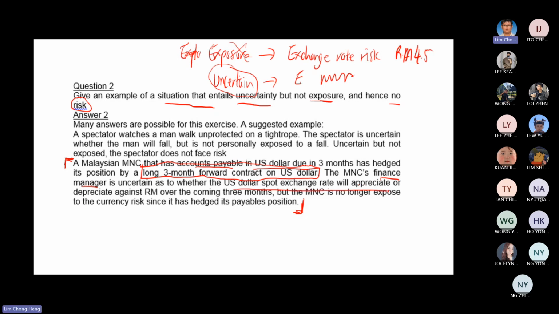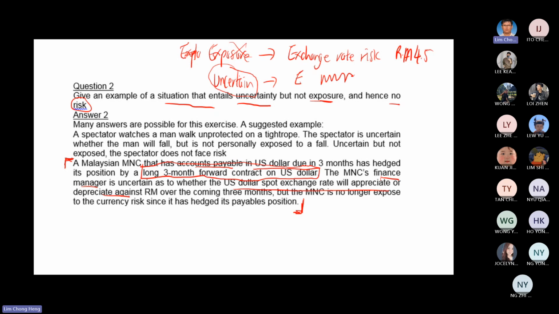Whether ringgit appreciates or depreciates against the USD after 3 months, you still don't know. It depends on whether Bank Negara wants to adjust the interest rate or not, and also whether the US central bank wants to adjust the interest rate or not.